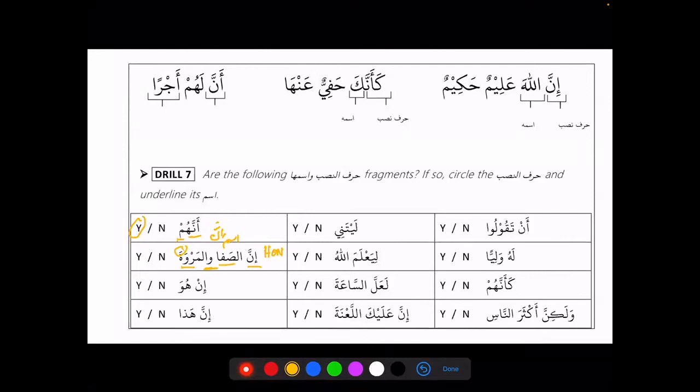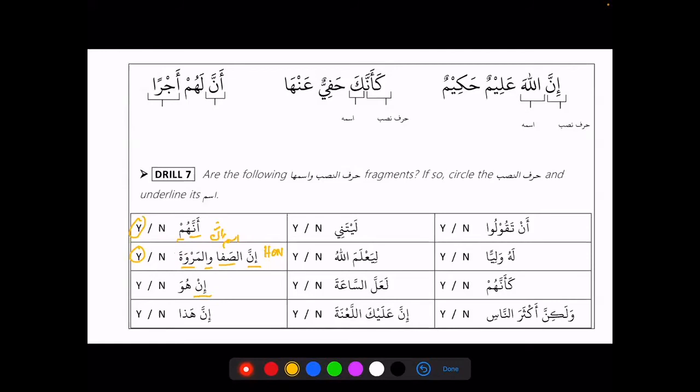Okay, now the next one. In huwa, what do you guys think? No. In is... why? It is not a harfu nasab. Very good. So this is in, it's not inna, right? In is something else.